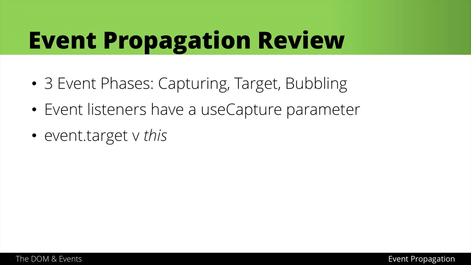We also looked a bit at event target versus this. In this case, this is going to refer to whatever element is currently being triggered during the capturing or bubbling phase. However, event target is always going to refer to the element on which the event happened. When you get to the target phase, or phase 2, these two are going to be equal, but during the capturing and bubbling phases, these two will not be equal.